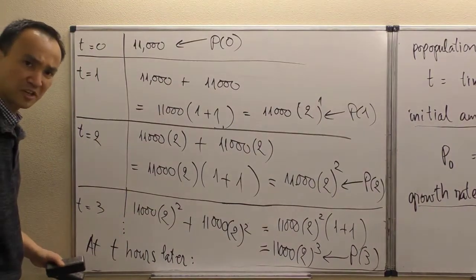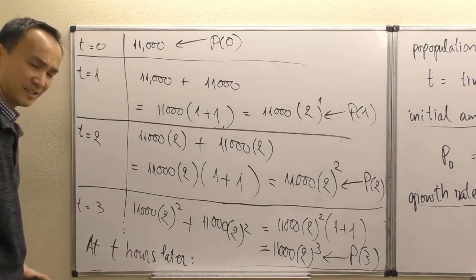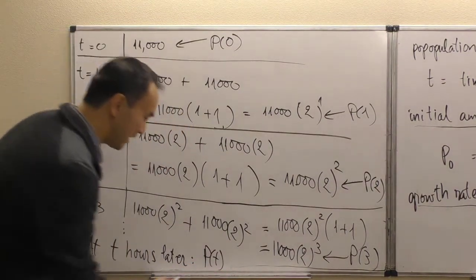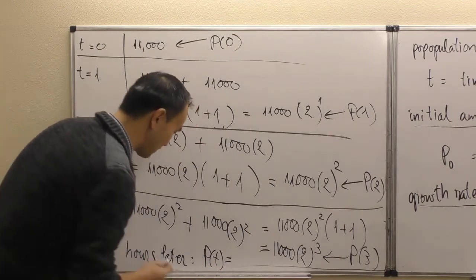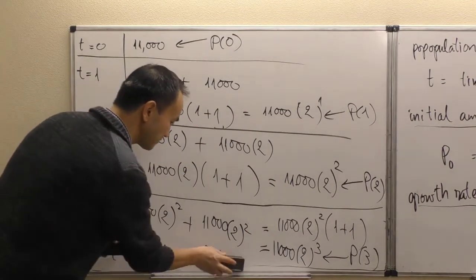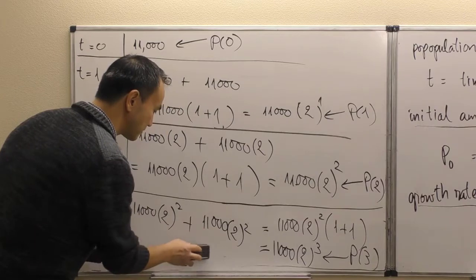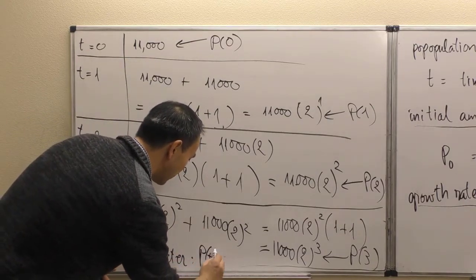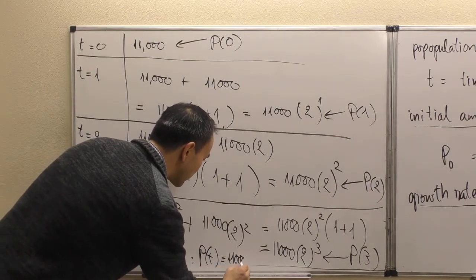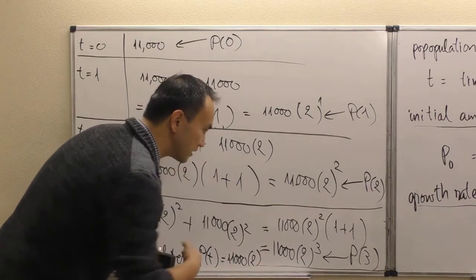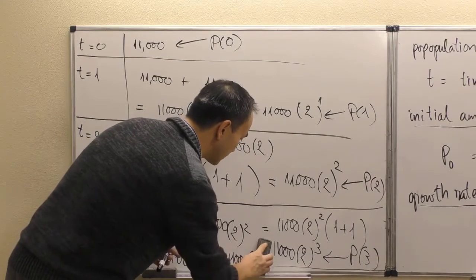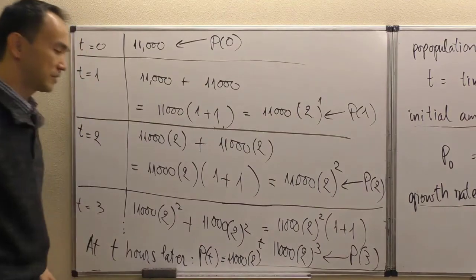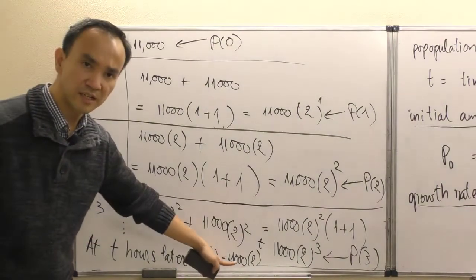At some t hours later, the population p of t has to equal 11,000 times 2 to the t.